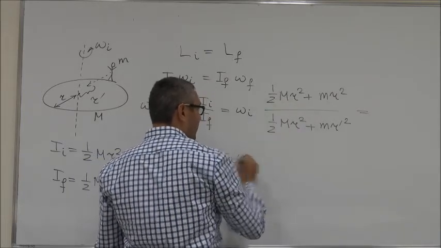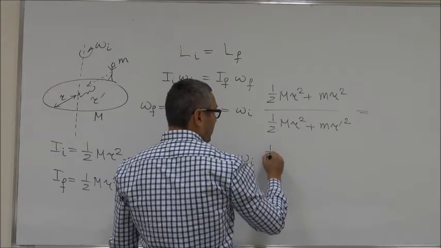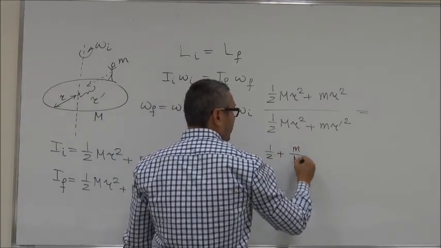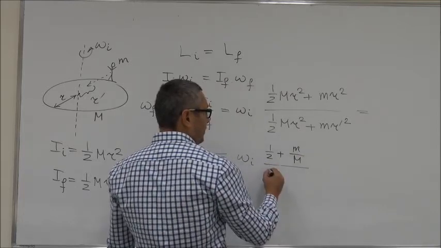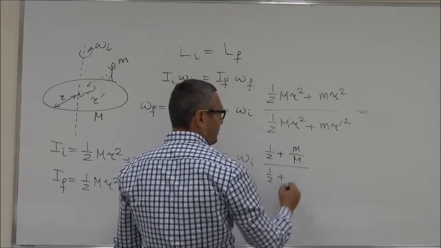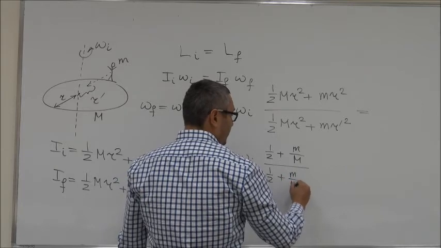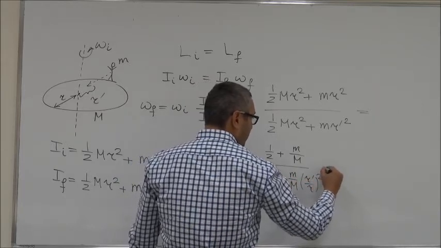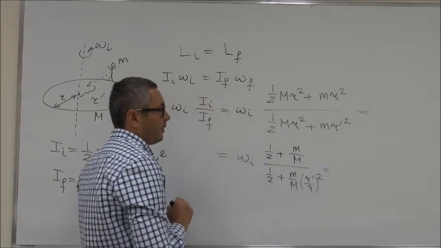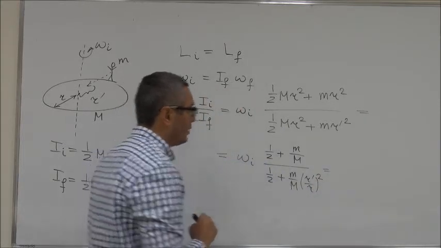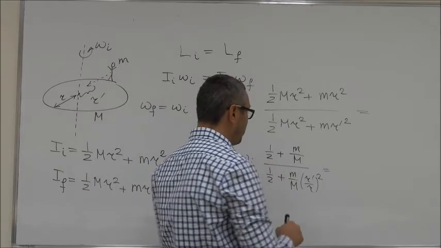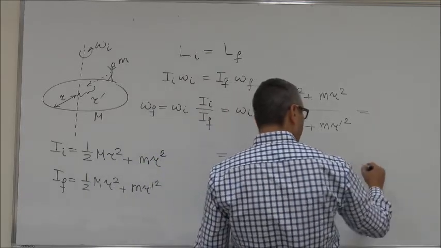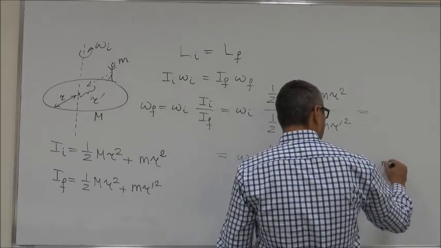So you have omega initial, 1 over 2 plus m over big M, over 1 over 2 plus m over big M, r prime over r, squared. Now you can also get rid of the 1 over 2's.